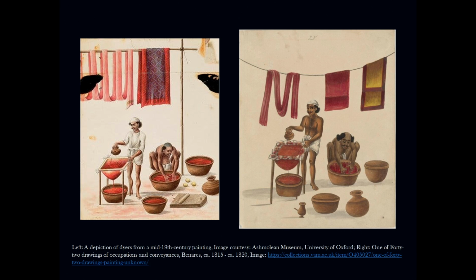A lot of times these images are taken for their evidential value, as depictions of a dyer's workshop. But if we compare one image with the other, we also find that this kind of image can have its own set pattern.